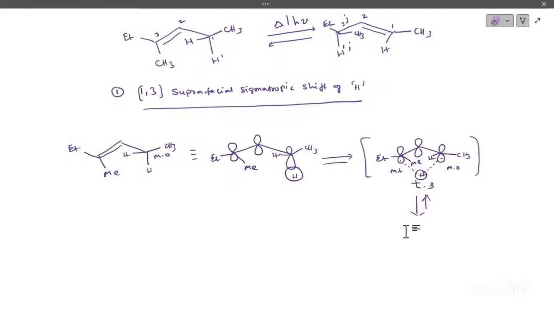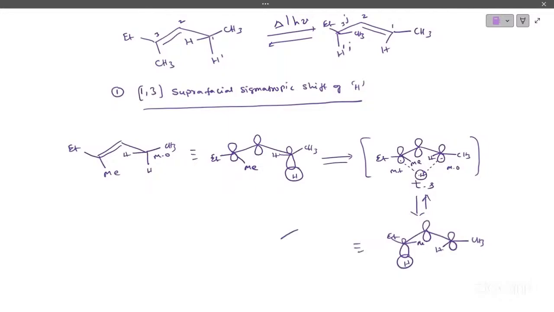Again I'm redrawing. Okay. No problem. Yes, at the migration position, this is the methyl here. This is the ethyl here, and hydrogen and CH3. This is the hydrogen.